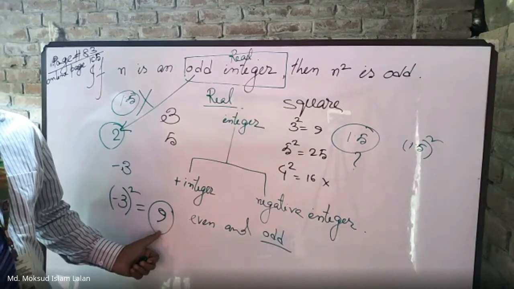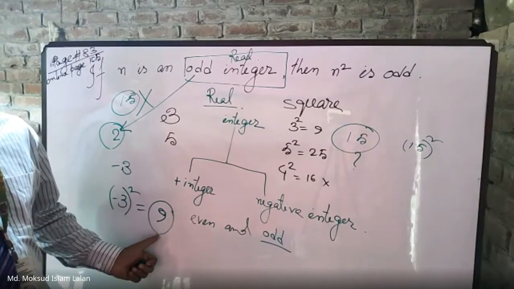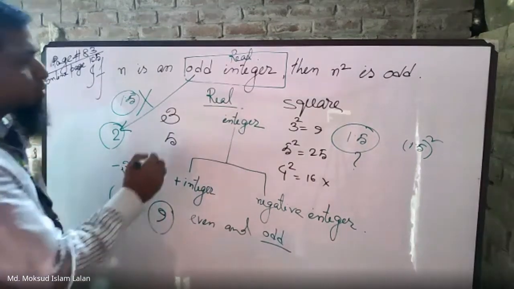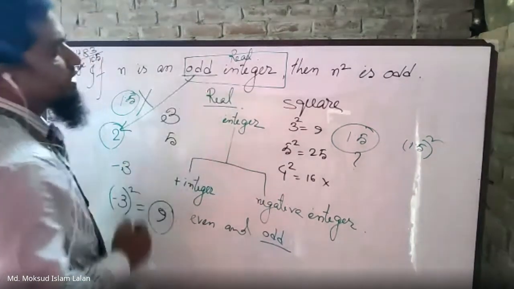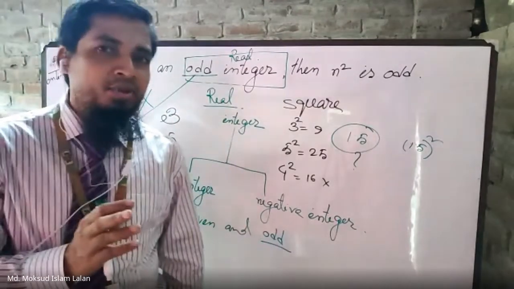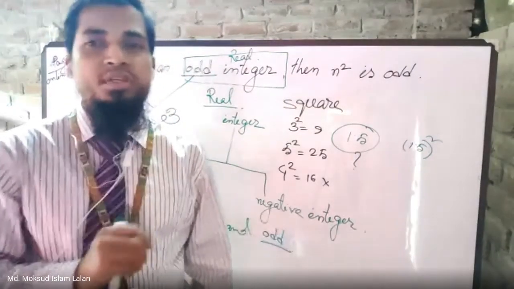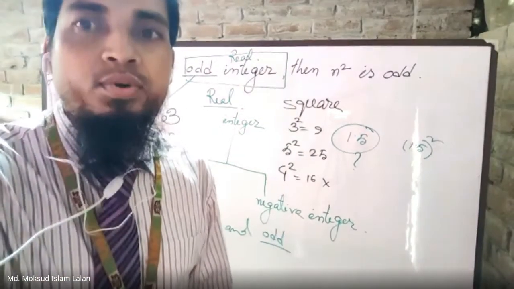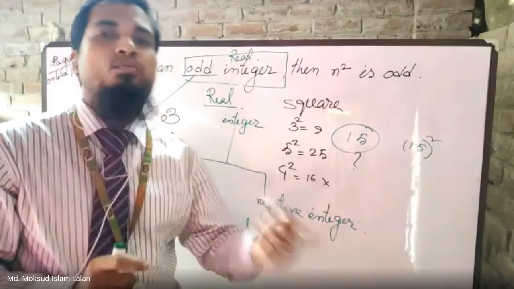Okay, dear student. Yes, sir. So here odd integer means maybe negative integer or positive integer. Positive odd integer, right? Negative odd integer or positive odd integer.